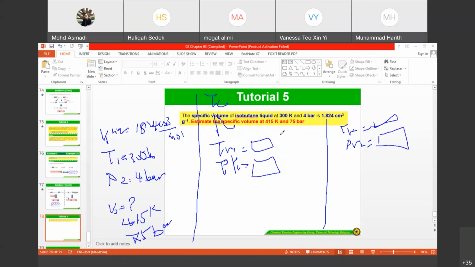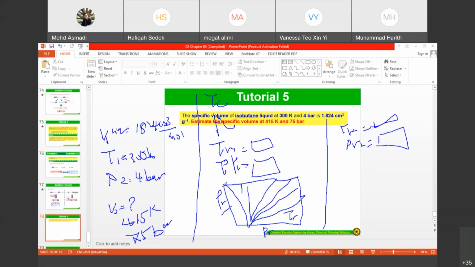So once you determine this, please refer to the figure. Do you still remember the figure for rho R? This one is rho R, this is PR, and inside is TR.